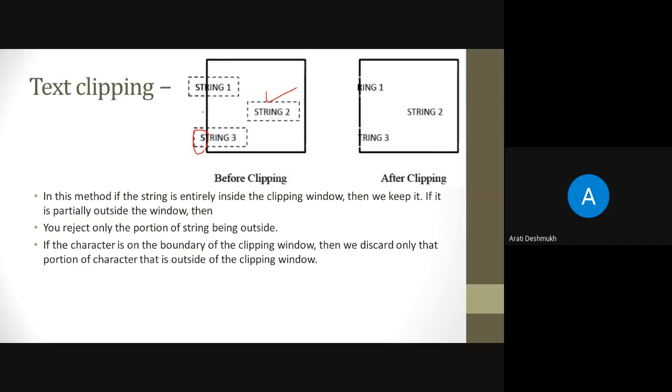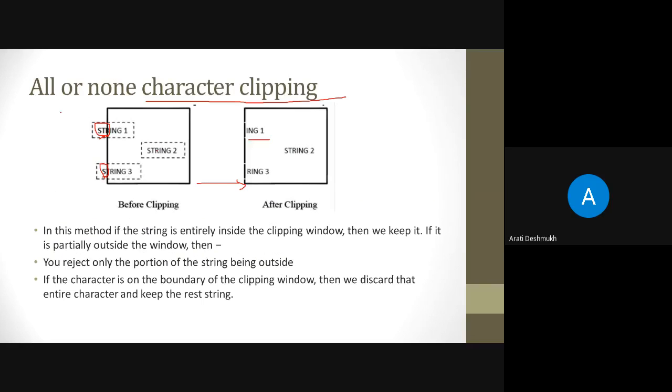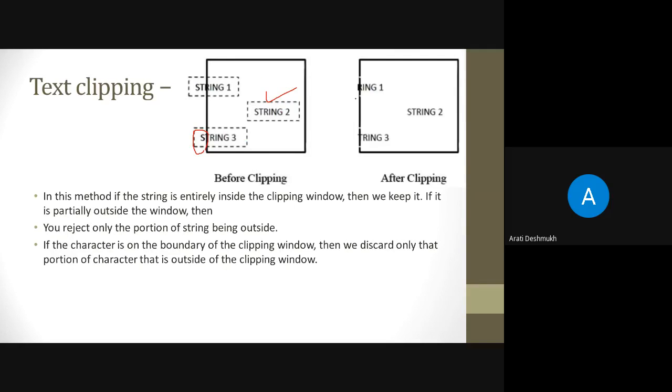If a character is on the boundary, then we discard only that portion of the character which is outside the clipping window. In the all or none methods, we don't consider characters on the boundary, but in text clipping, we consider the boundary also.